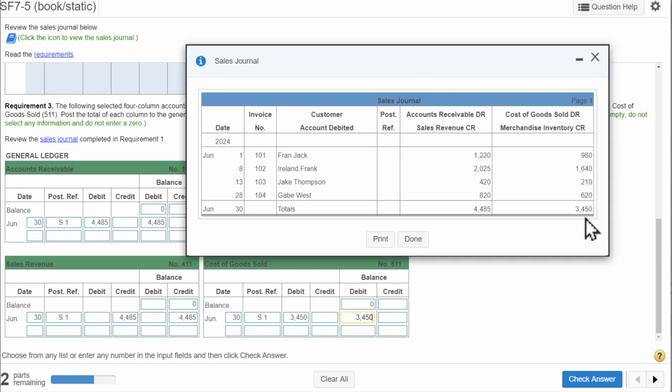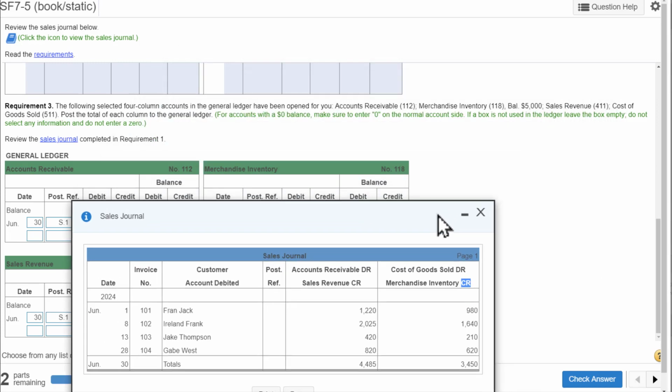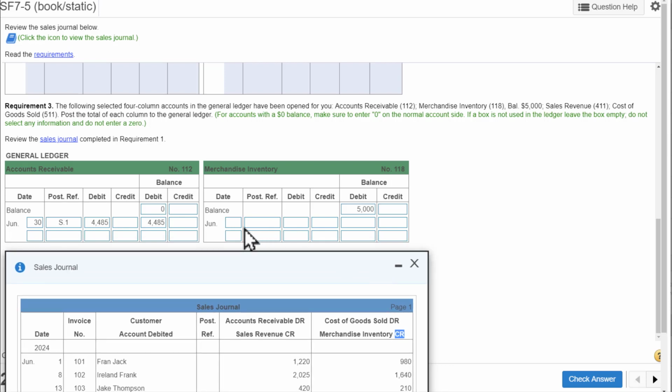And finally, we need to post this 34.50 to inventory as a credit, because we sold something, so our inventory is going down. Here's our inventory. It's posted at the end of the month. All totals are posted at the end of the month. Sales journal, it's a credit.